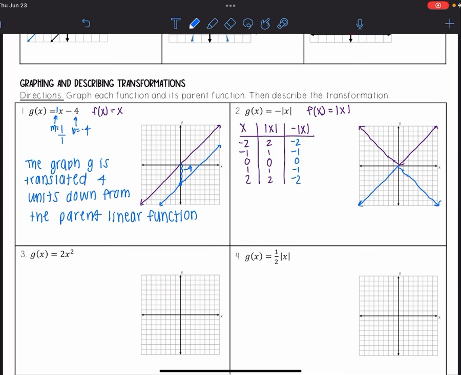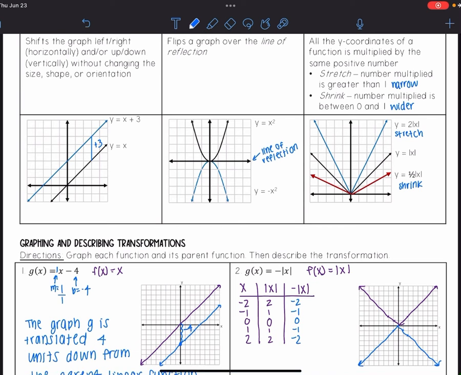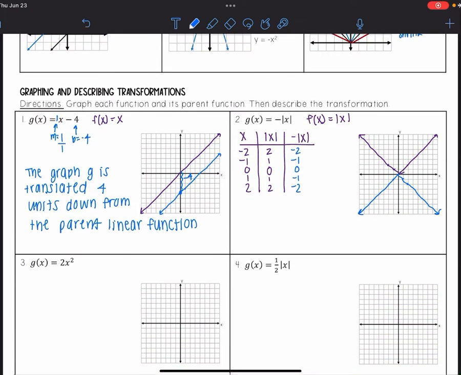So here I see if I'm comparing from up here, this is clearly reflected. And so I can say the graph g is a reflection across the x-axis from the parent quadratic function.